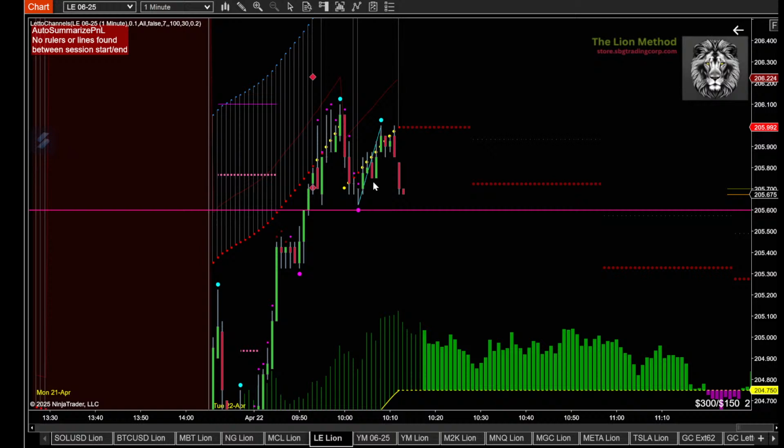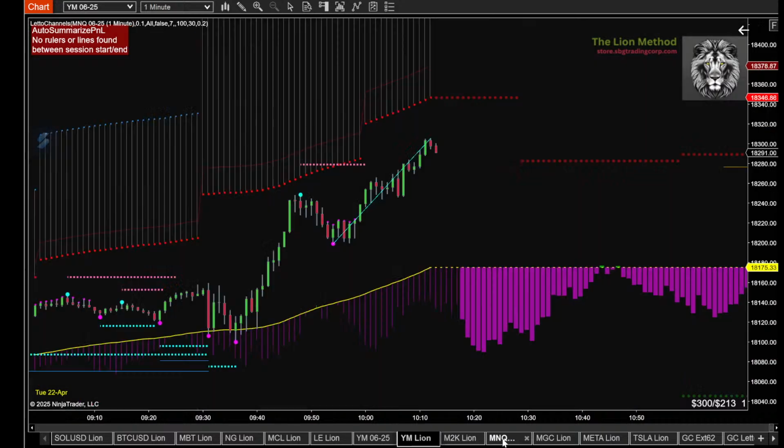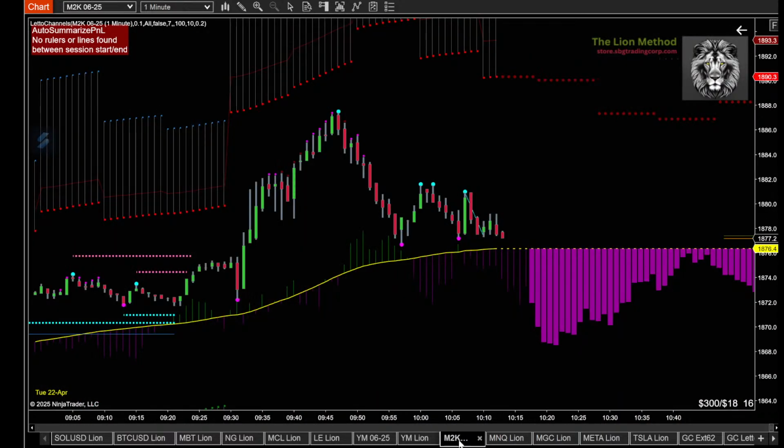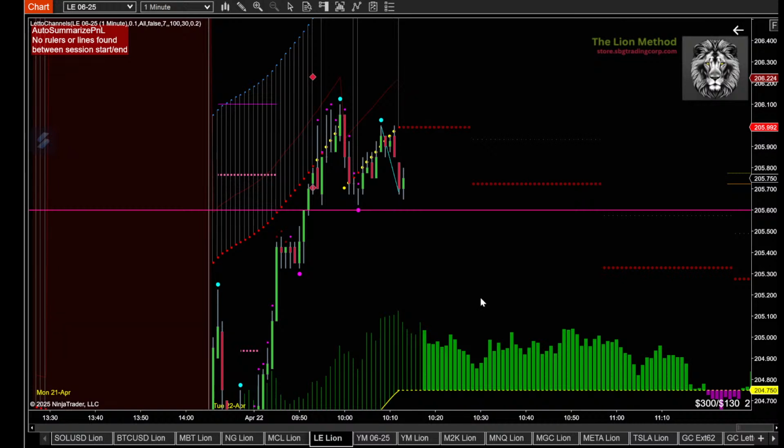Not overly excited, but I think it'll be tradable. The risk is $150. Anything else going on? No, those are dead. That's getting there, but not quite. Gold is going a little chaotic. All right, this is our live cattle market.